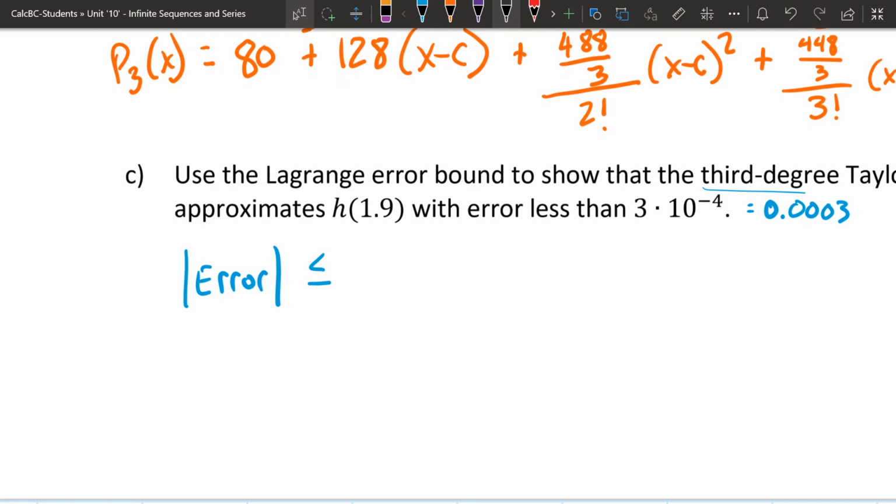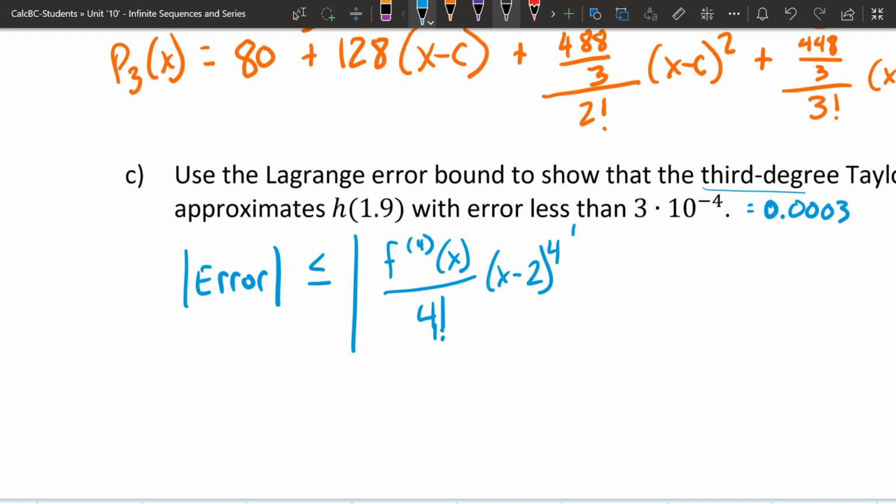So we need to essentially find that next term. All right, so that following term. So again, that is going to be our fourth derivative, the Lagrange error over 4 factorial times x minus, our center is still 2, to the fourth power.